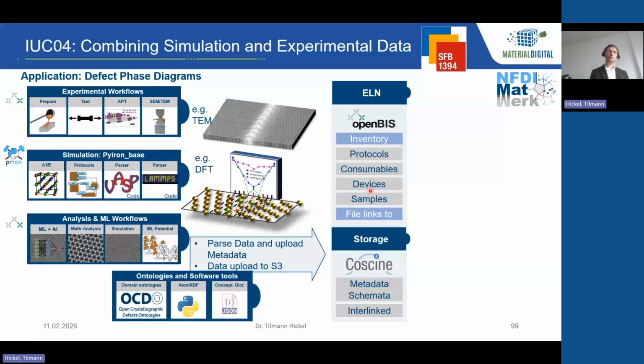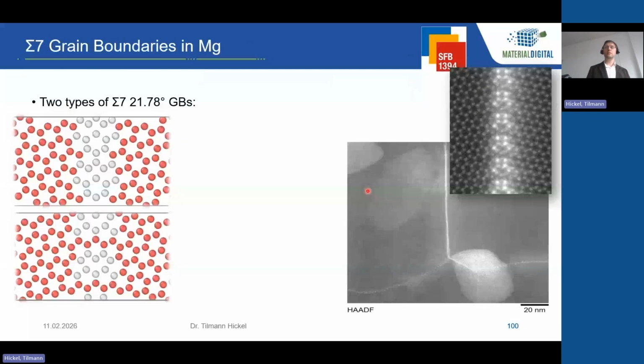Let me quickly go through how this looks in practice without having time to go into material science here. But the typical data are experiment, as I mentioned, transmission electron microscopy, high angle annular dark field microscopy here on the right-hand side. And this is a typical atomic structure which we use for simulations for such a grain boundary here.